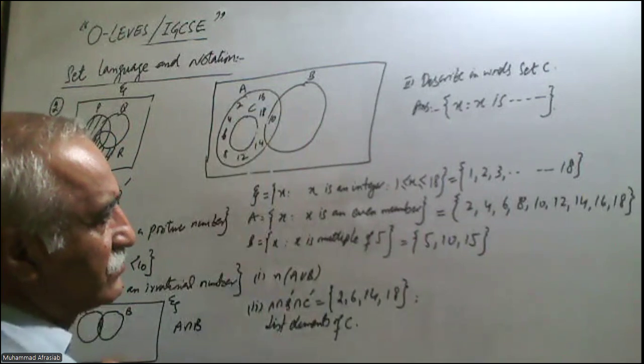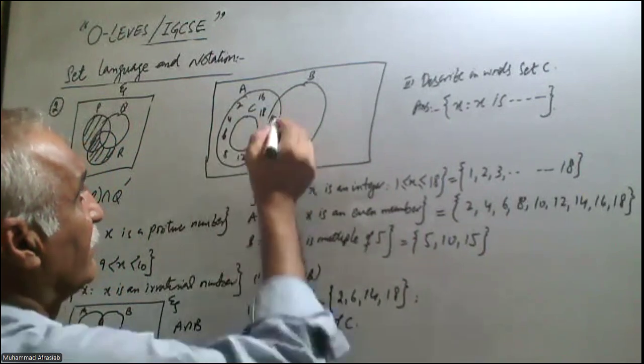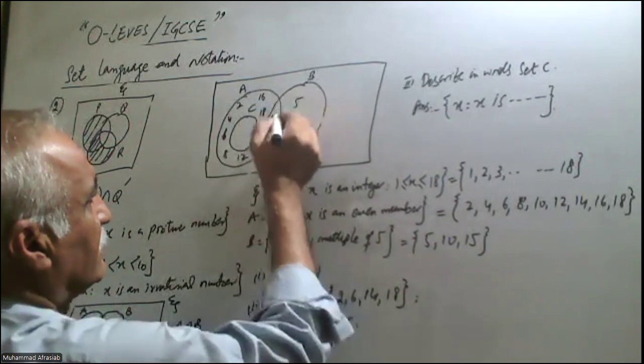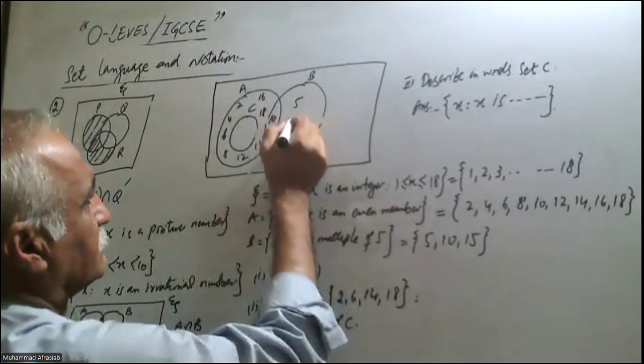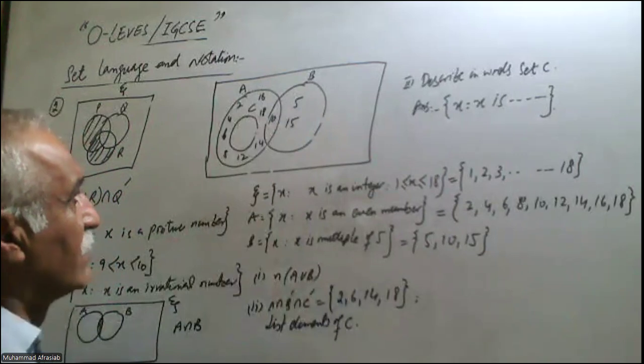The B set is the multiples of 5. So 5, 10 is already there, and 15. Now the rest of the elements.